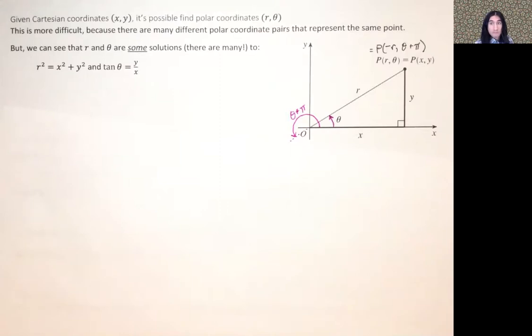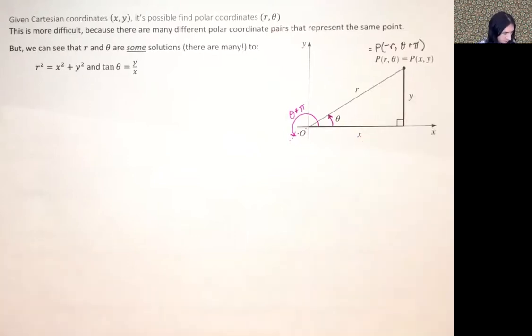Well, at least we still have the triangle, which describes the relationship between the x and the y and the r and the theta. But what we need to do this time is find r and theta that satisfy our xy versions of measurements on the triangle here.